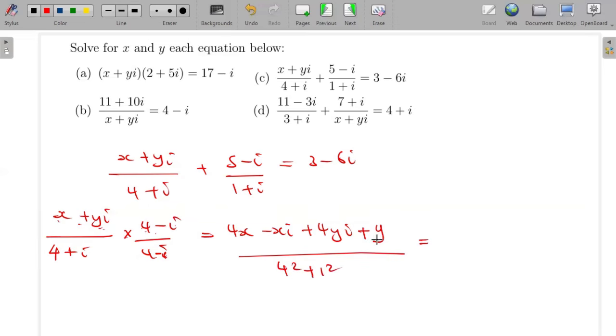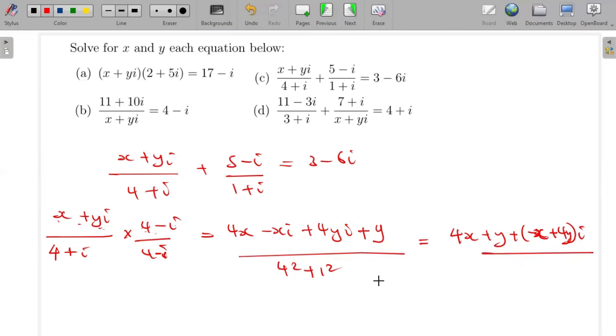I group this: the real part is going to be 4x plus y, and then the imaginary part is going to be negative x plus 4y, times i.